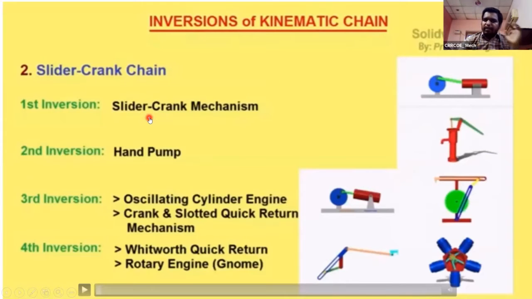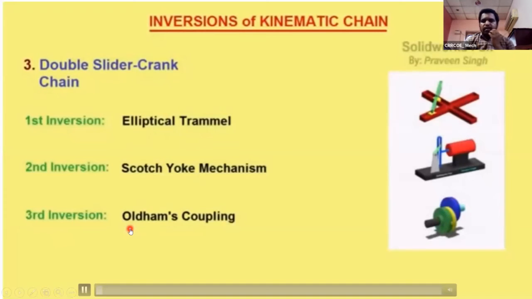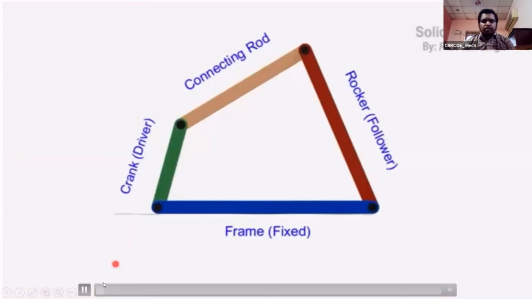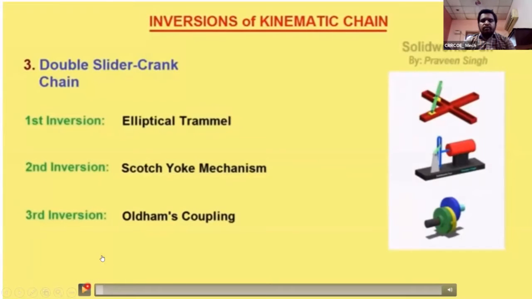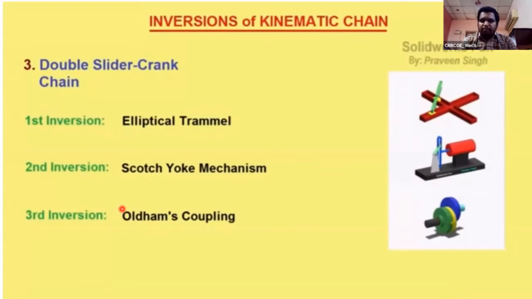By fixing the different links, we get different mechanisms: the hand pump, the crank and slotted lever mechanism, the Whitworth mechanism, the oscillating cylinder, and the rotary engine. All these are inversions of the slider crank mechanism. We have one more mechanism, the double slider mechanism, with the elliptical trammel, the Scotch yoke mechanism and Oldham's coupling. These are the inversions of the double slider crank mechanism.